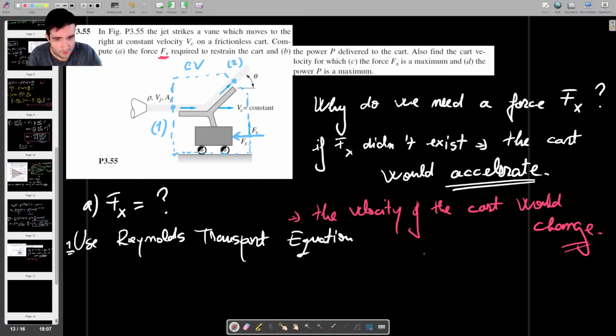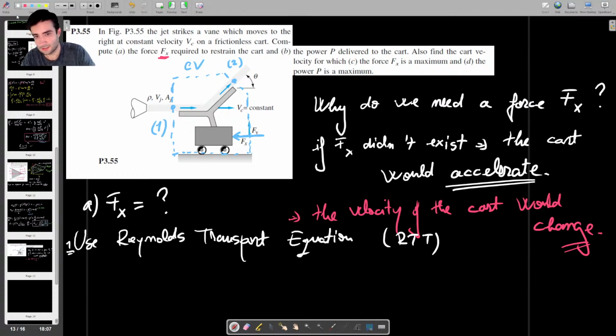Reynolds transport equation, or RTT, is super versatile and it can be used to solve any similar type of fluid mechanics question where the control volume is moving, accelerating, rotating, or anything you want, basically. In this case, I'm not going to use it because it's kind of like killing ants with a shotgun. Instead, what I'll do is I'm going to change my frame of reference to the cart.